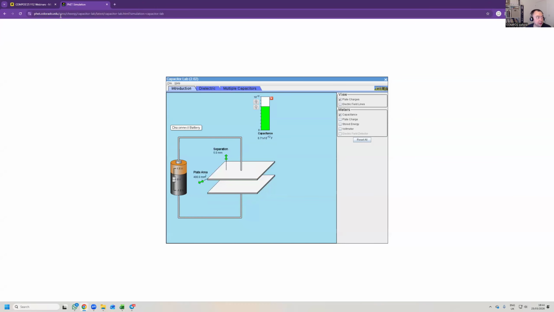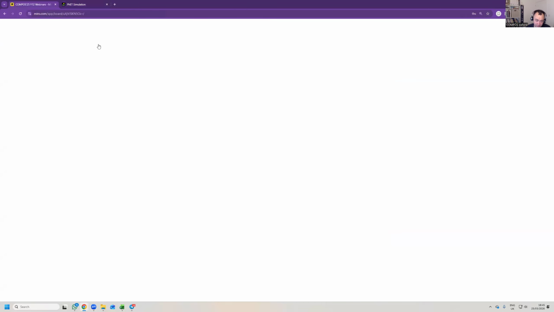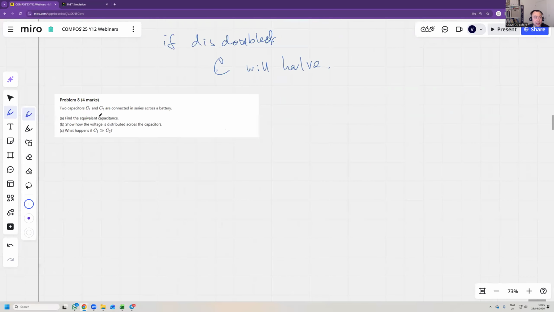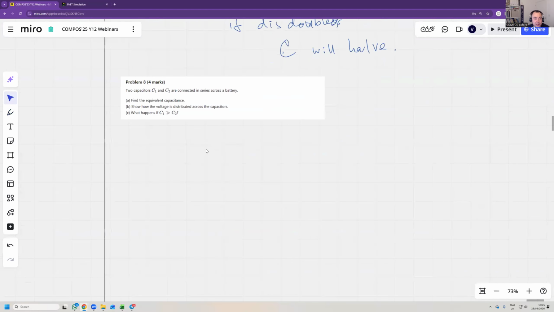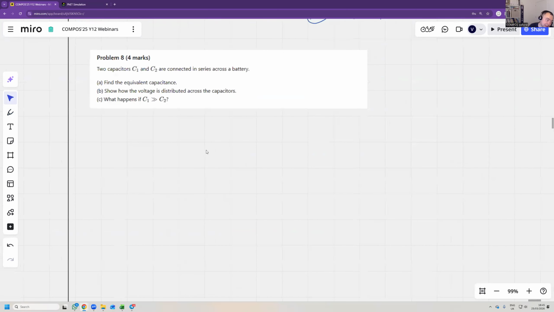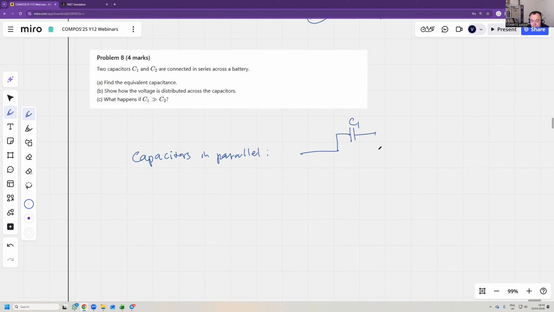And this is the reason for the rules for capacitors in series and capacitors in parallel. If you take capacitors in parallel, so imagine you have C1 and another capacitor C2.